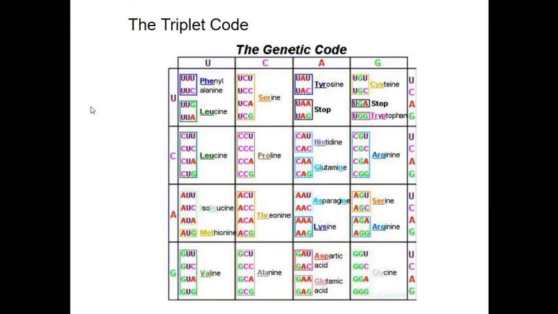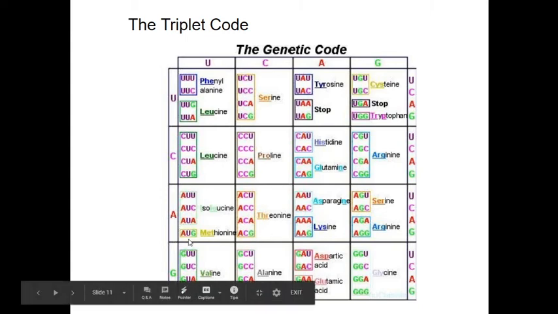We have something called the genetic code, and when we talked about the triplet code before, this is what we're talking about. Those triplets code for different amino acids. For example, we looked at methionine as being the start amino acid before. Methionine would be right here, AUG.